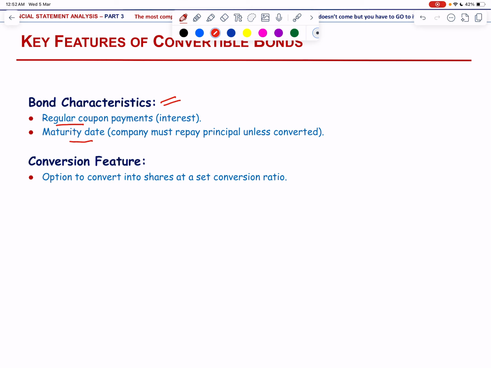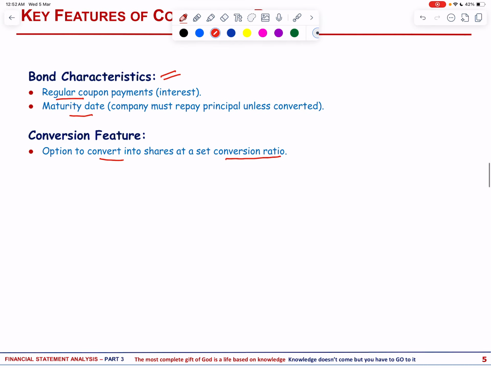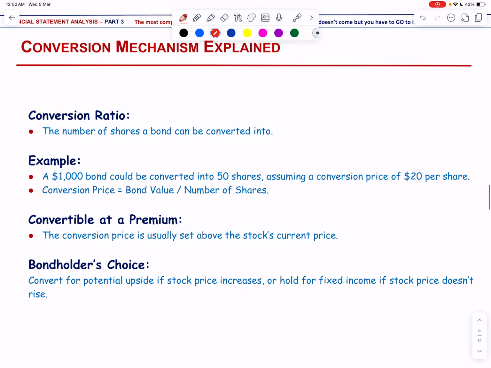The bondholder has the option to convert the bond into shares of the company's stock at a predetermined conversion ratio. The conversion ratio tells us how many shares the bond can be converted into.